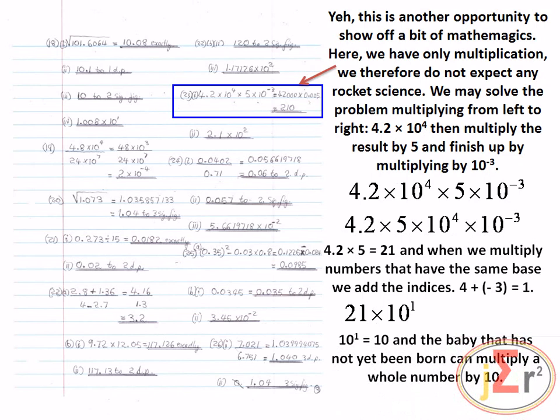As we know, any number that is raised to the power of 1 is equal to that same number. So 10 to the power of 1 is equal to 10. And a baby that has not yet been born can multiply a whole number by 10. It's as easy as including a trailing 0.